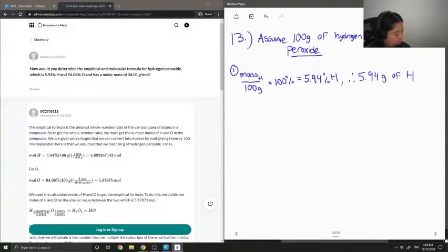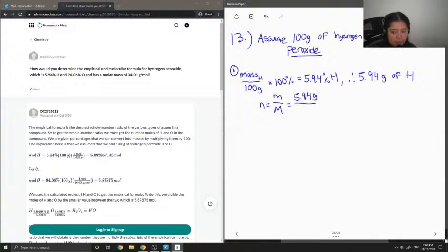So now that I know the mass of hydrogen, I can calculate the number of moles of hydrogen as well. So to do that, number of moles is equal to mass over molar mass. We calculated the mass to be 5.94 grams.